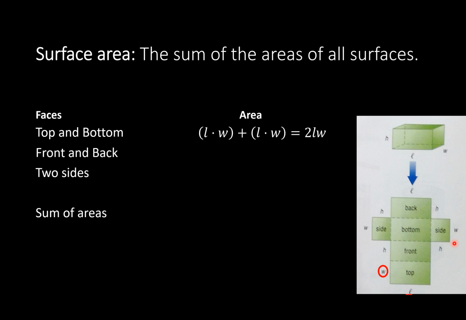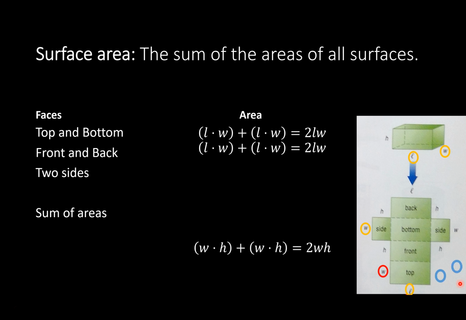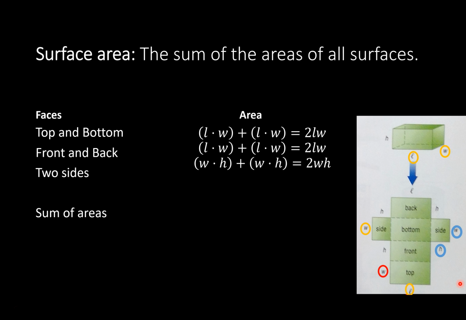So the sum of the top and bottom is going to be length times width, and then length times width again. So we have the area of this section and the area of this section. Then we have length times height and length times height again, which would be the front and the back. So there's the lengths, there's the heights. And then the last one would be each of the two sides.